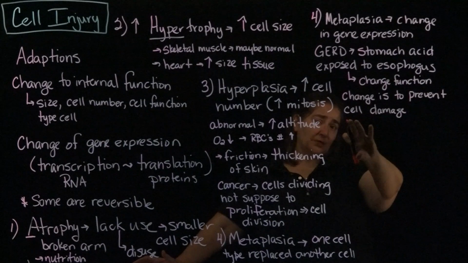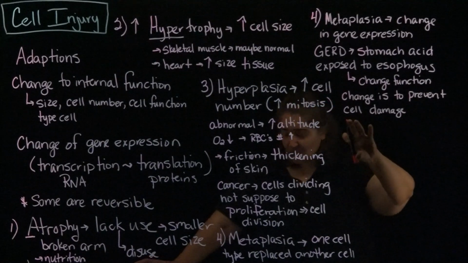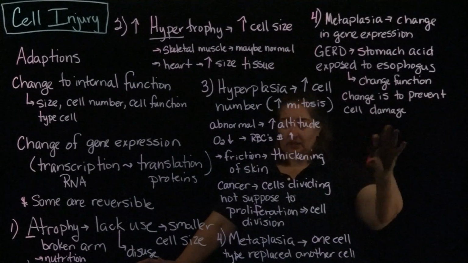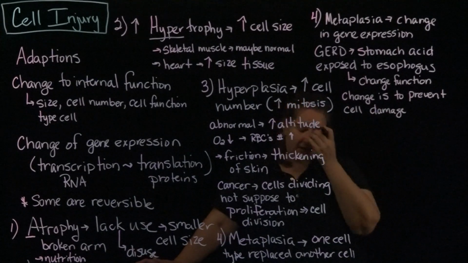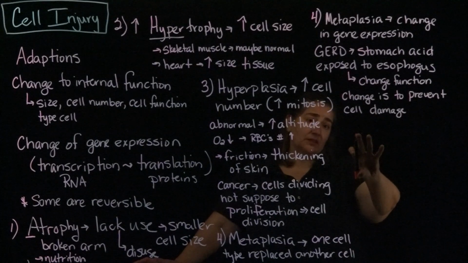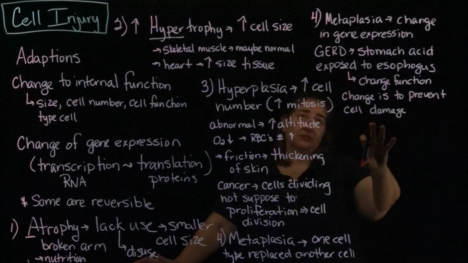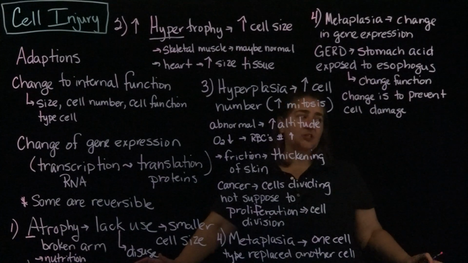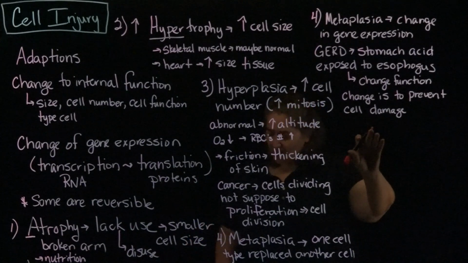Eventually, that metaplasia can lead to things like hyperplasia, and the next one, dysplasia. And you can have cancer that results from that, okay? So metaplasia, we're talking about a change in gene expression, all right?